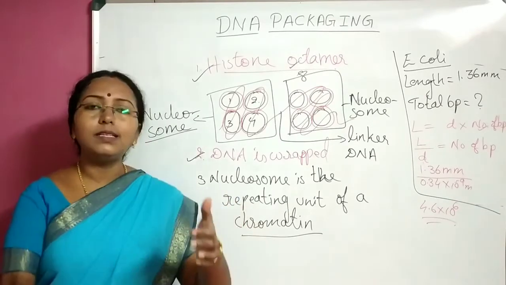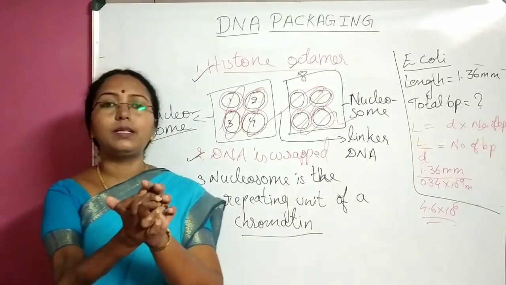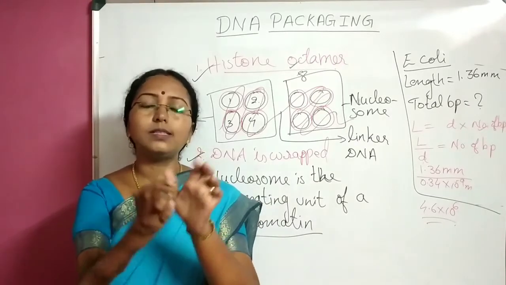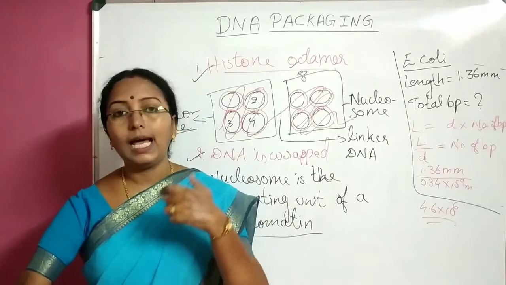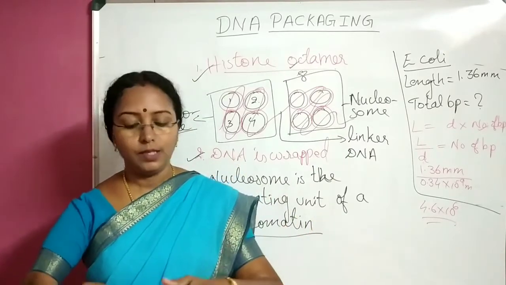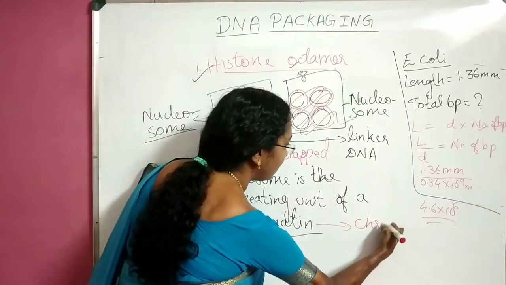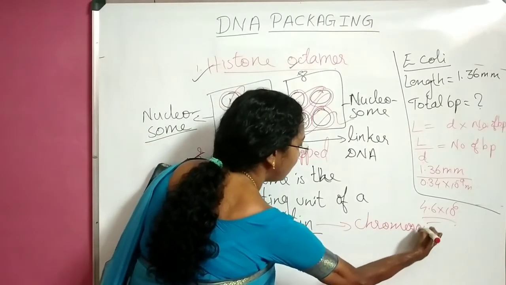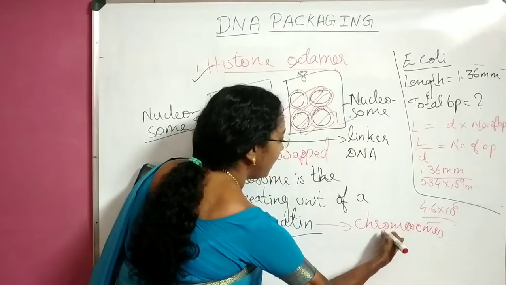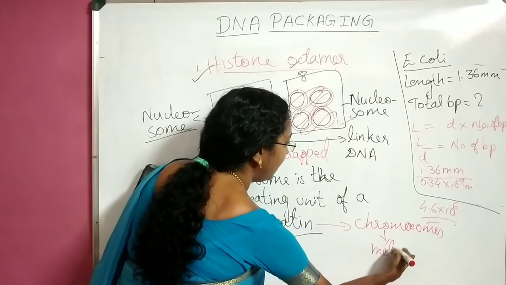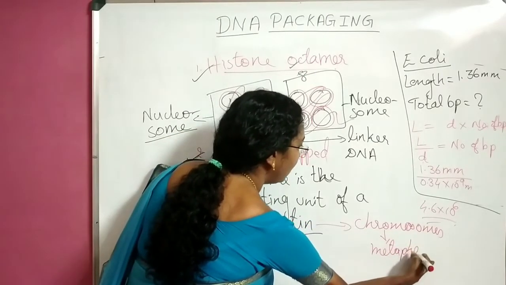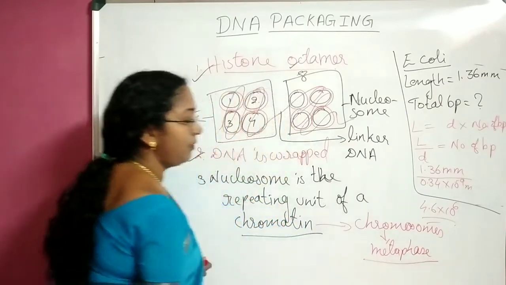And this chromatin condenses during the metaphase, shortens and thickens, and then forms the chromosomes, and these chromosomes are visible only during the metaphase of cell division.